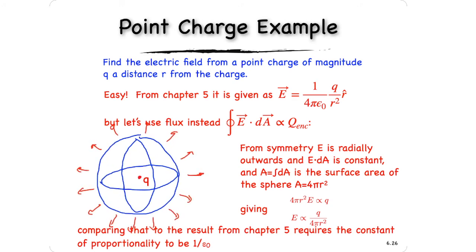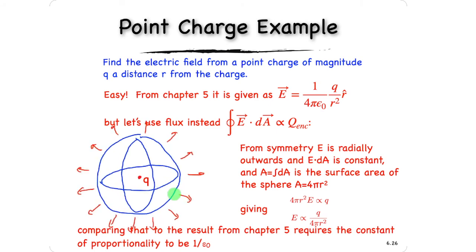And what I can say is that on the left side over here, in E dot dA, the electric field should have the same magnitude at any point on this sphere, because every point on the sphere is equidistant from the charge. And so the magnitude is 1 over 4 pi epsilon naught q over r squared.